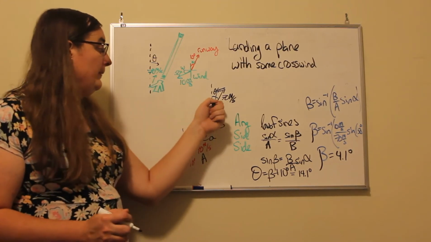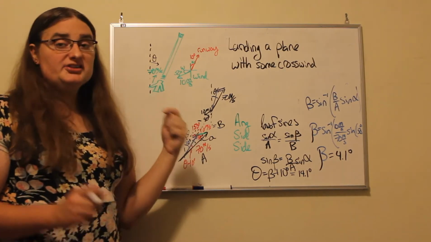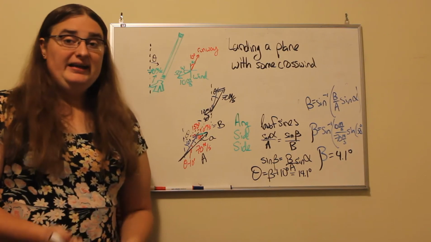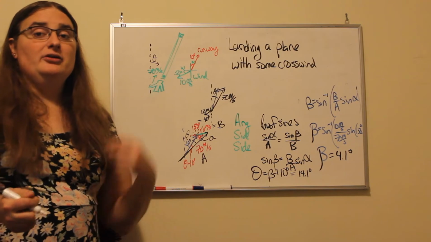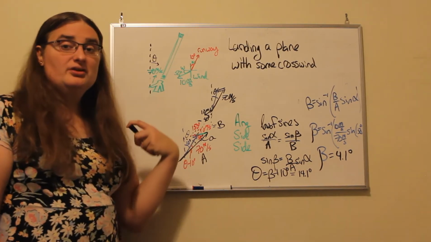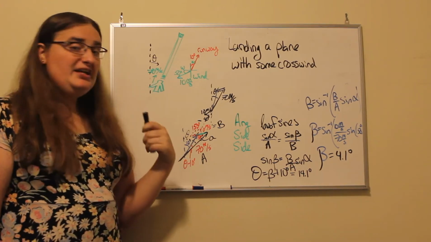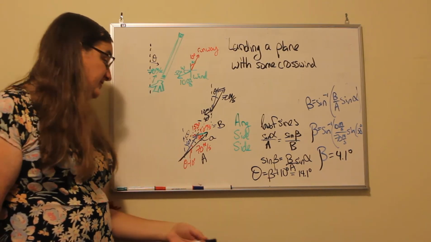Now, we could go about breaking both of those two vectors into parts, summing the parts together, and then recombining those parts into one vector using the Pythagorean theorem and using the inverse tangent function from the components we get. But we have enough information to make use of either the law of sines or the law of cosines.